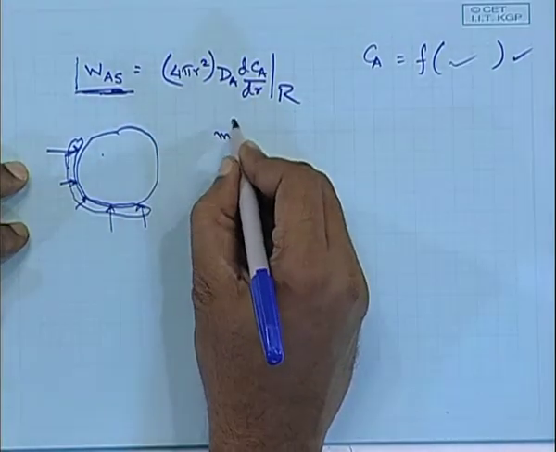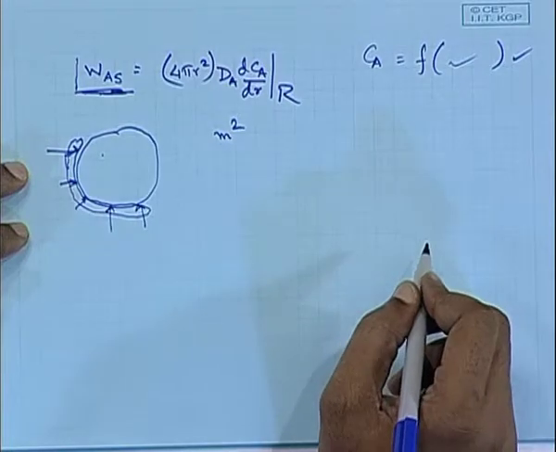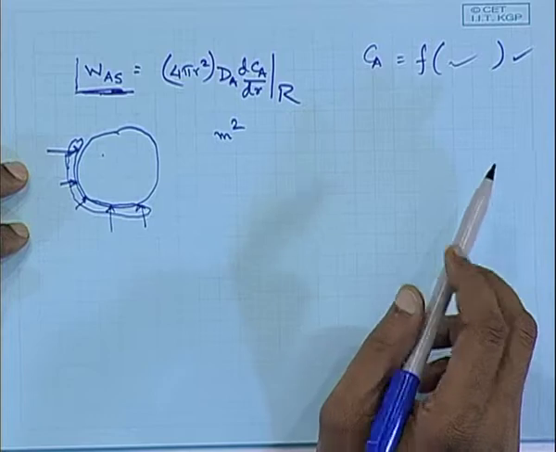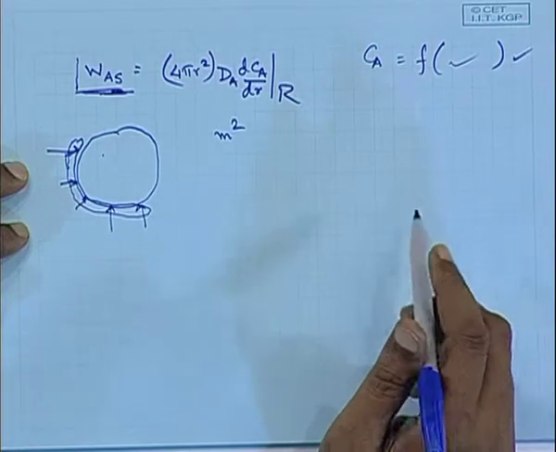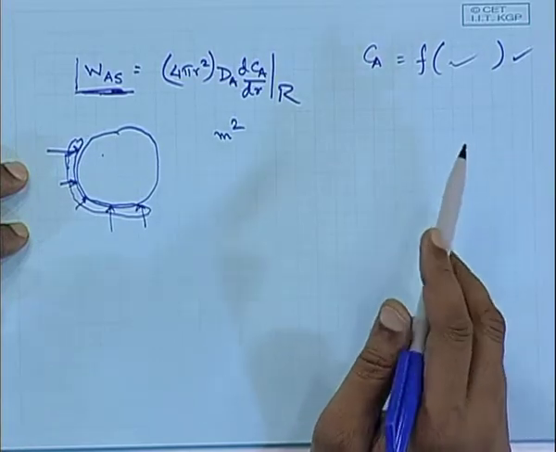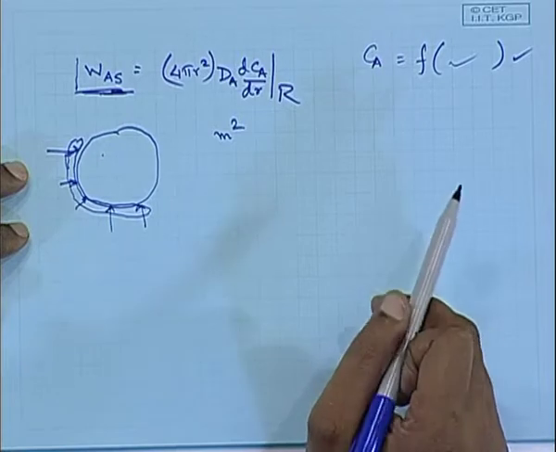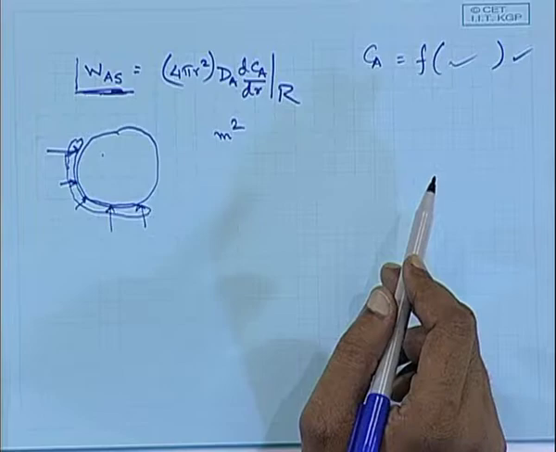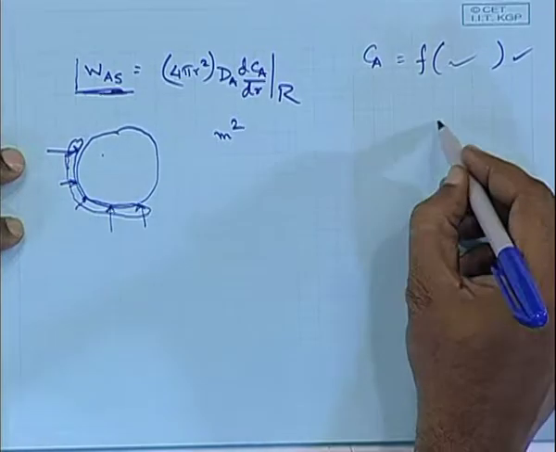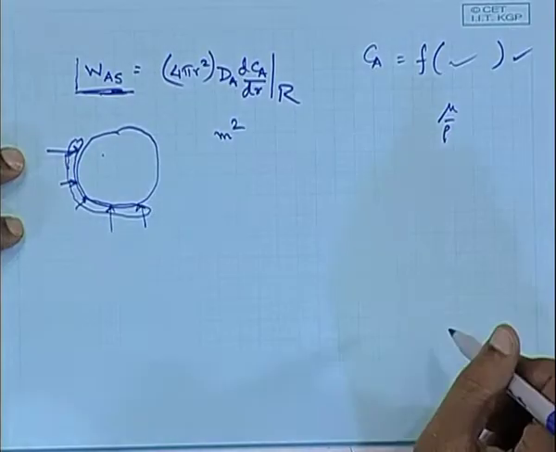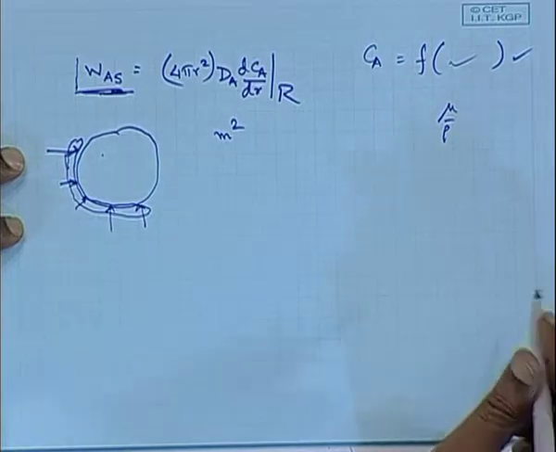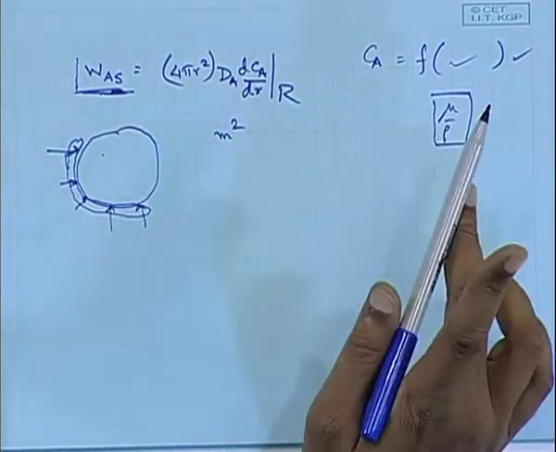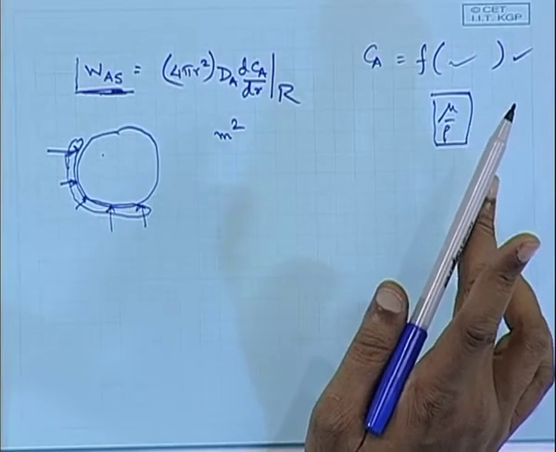So 4 pi r square would give me meter square. What is the unit of DAB? What's the unit of kinematic viscosity, which is mu by rho? Meter square per second. Kinematic viscosity and diffusivity are fundamentally of the same nature.